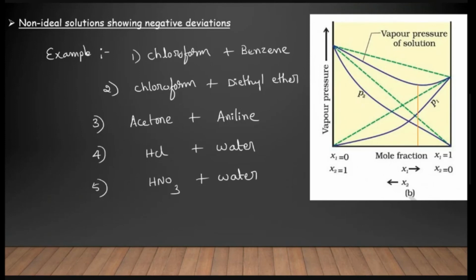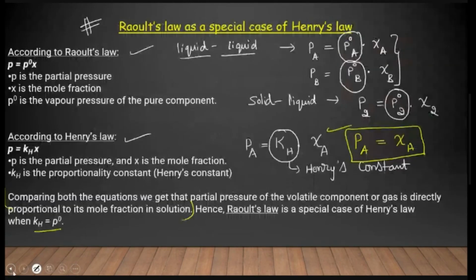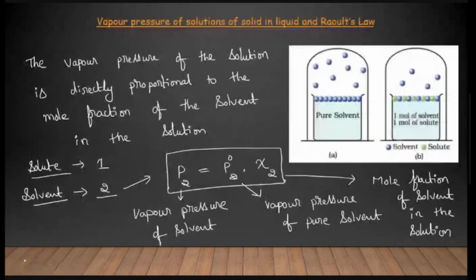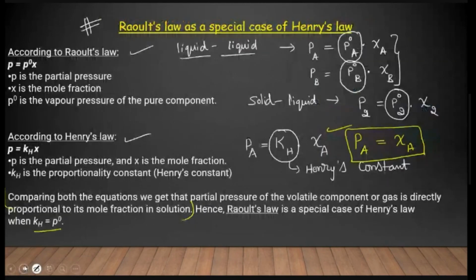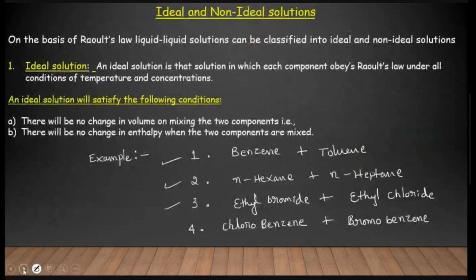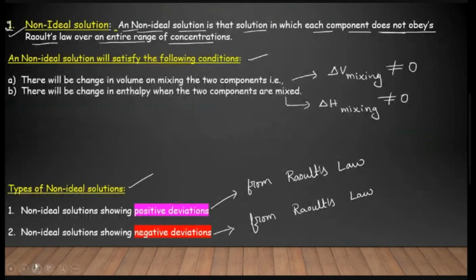Okay. So in today's class, we have discussed the vapor pressure of solid-liquid solutions and Raoult's law. And we have discussed the special case of Raoult's law, Henry's law. And we have studied the ideal and non-ideal solutions, the conditions that they have to satisfy, and certain examples of ideal and non-ideal solutions. In the case of non-ideal solutions, we have seen two different deviations: one is positive deviation, one is negative deviation.